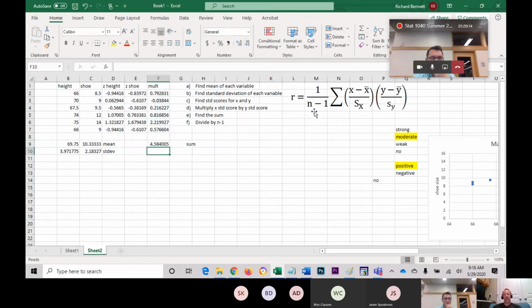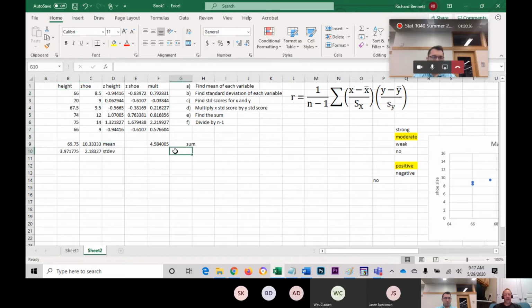Now what does N represent? Number of in your sample. Number of my sample. So is my sample 6 or 12? What do you guys think? 6. It's 6. We've got 6 students in our class. We don't have 12, okay?